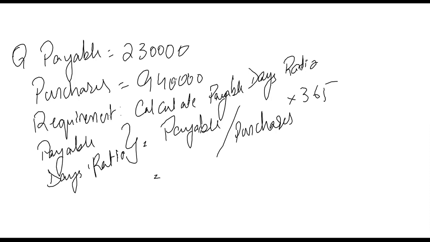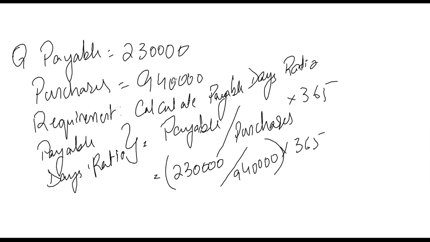My payables are 2,30,000 whole divided by 9,40,000 multiplied by 365. Let me simplify my answer. I'll be getting an answer of 89 days.